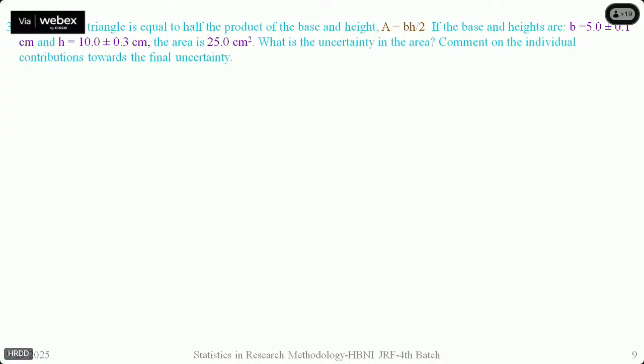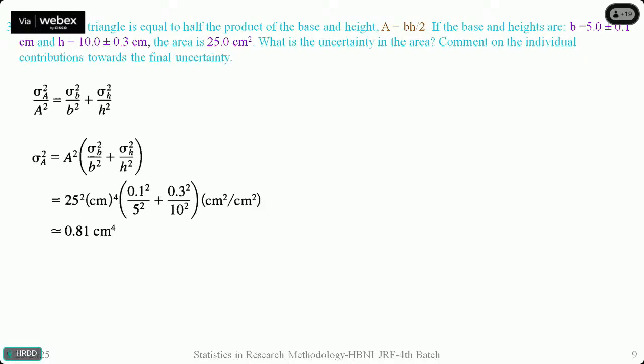You can say that if the uncertainty values are the same, here in this case the uncertainties are slightly different, the relative value will be larger when you divide by the smaller value. Okay. Now that many of you have done, I will show you the answer.